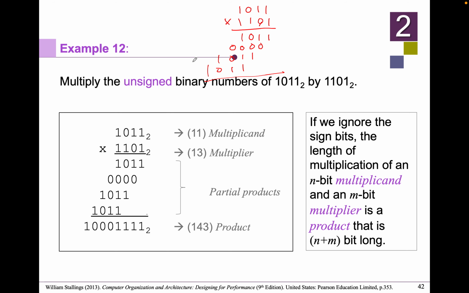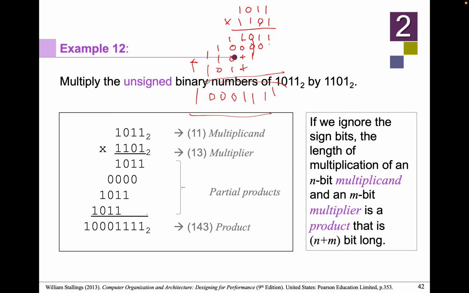So we add as in normal mathematics also. 1. 0 plus 1 we get 1. 1 plus 1 plus 1 plus 1 we will get 1 carry 1. 1 plus 0 plus 0 plus 1 we get 0 carry 1. 1 plus 1 we will get 0 carry 1, and 1 plus 1 we will get 0 carry 1 also.